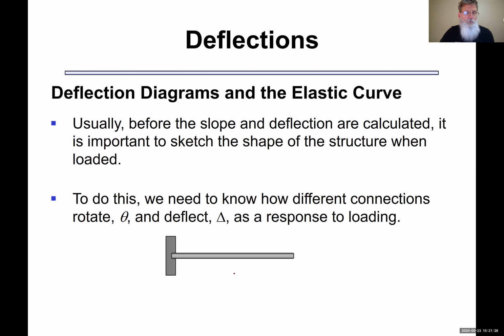Now another typical support that we have is a fixed connection. In that case, if we apply a load here at the end of the cantilever, we know this point's going to definitely move down. And then we can see that the deflected shape would look something like this, with a deflection here at the end, a maximum displacement.